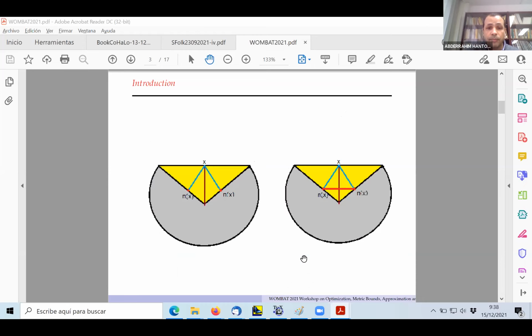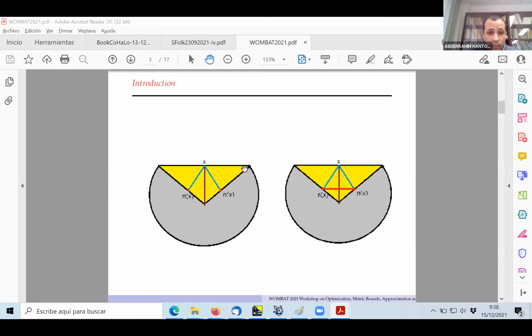Let us see this simple example. My set is this one, which is not convex. And to have the convex hull, I complete it with this part, the yellow part. The question we ask is what is the Hausdorff distance between the set and its hull? So what we look for is to take all points in the convex hull and look for the projection.